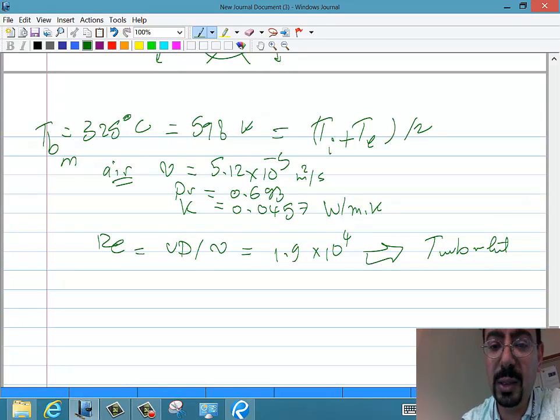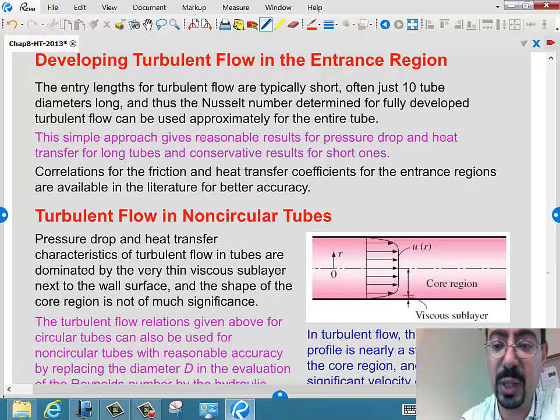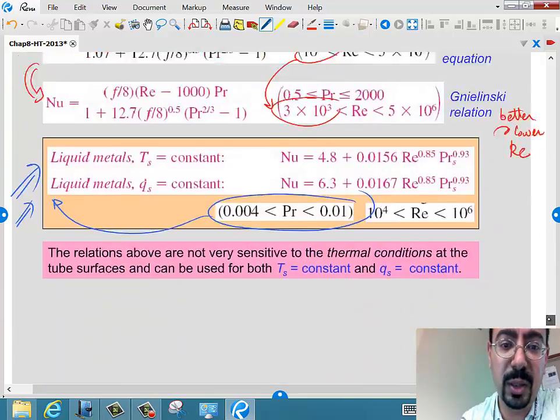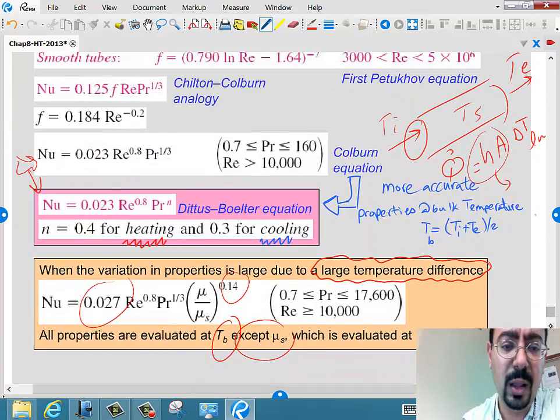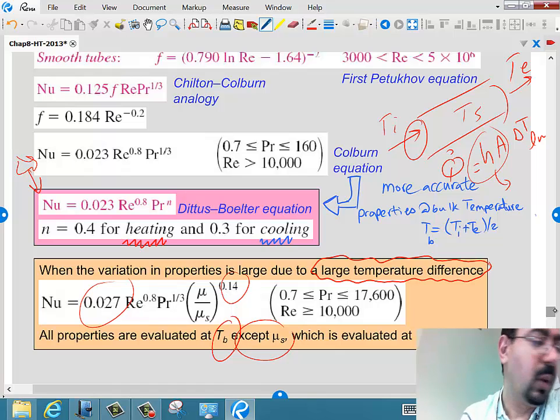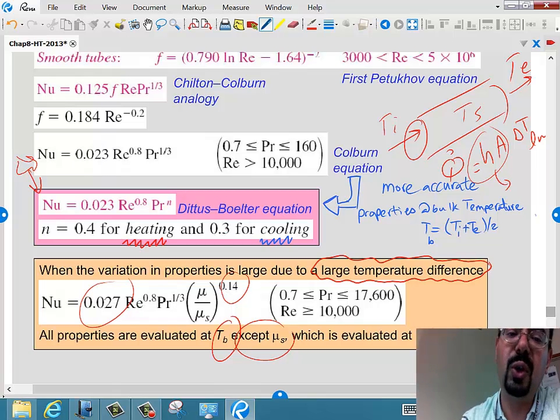All right, so let's check the turbulent equation for a second. So the turbulent equation was, and he didn't say, but we are actually cooling. The pipe is cooling the fluid. So we should use the 0.3, not the 0.4. Right? So it's going to be 0.023 Reynolds to the power 0.8 Prandtl to the power 0.3.